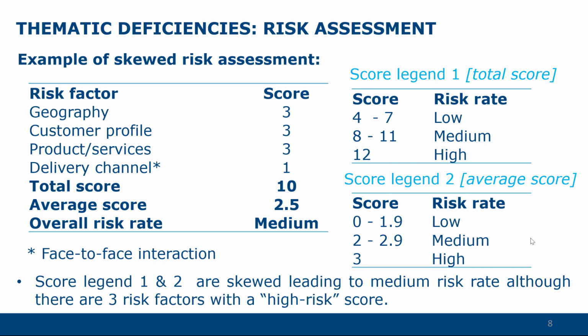You can see from this example that the score legend is skewed, which led to a medium risk, whereas high risk was the most appropriate risk assessment for this customer. Therefore, banks and TCSPs should ensure that the parameters used in risk assessment are assessed to ensure that they are not skewed, which would lead to overestimation or underestimation of the risk.